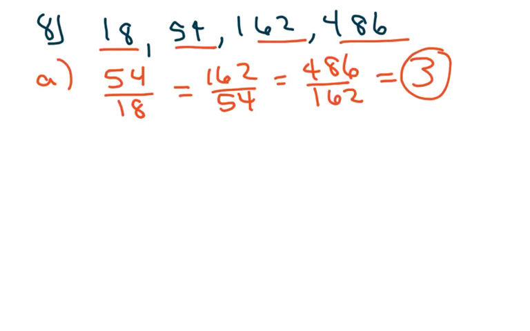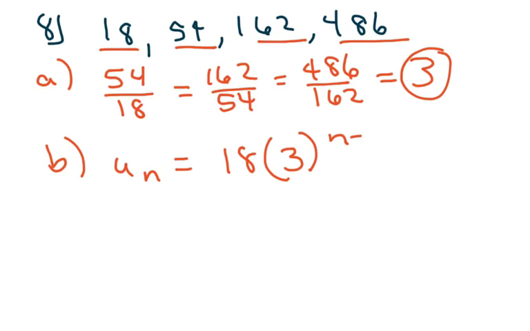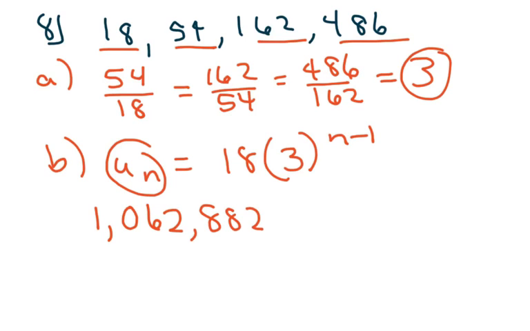Alright? They want you next to find the nth term. So u sub n equals my first term times my common ratio, and that would just be n minus 1. And now they're saying if the nth term is 1,062,882, then what is n?